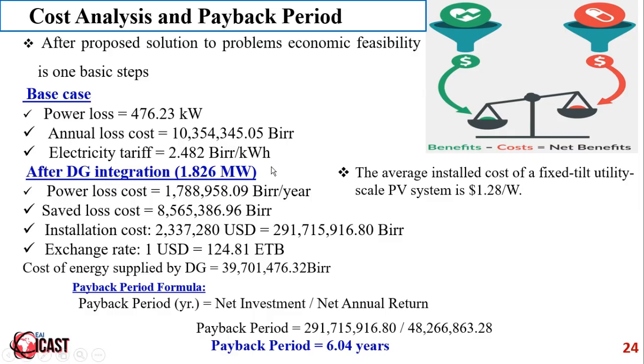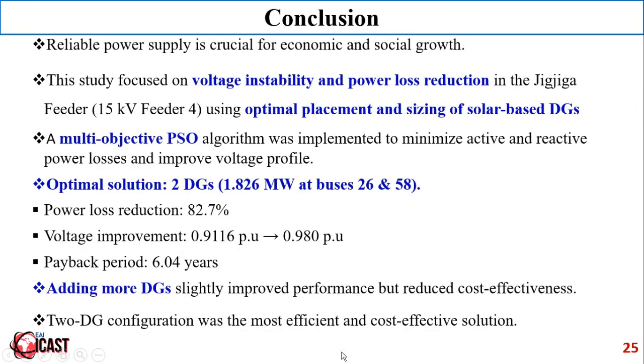After DG integration, the power loss is reduced, and the loss cost is above 80 million, and the installation cost is such an amount of birr, using the USD exchange rate, and the average installed cost for fixed-tilt utility scale is 1.28 per watt, and finally the payback period is 6.04 years.